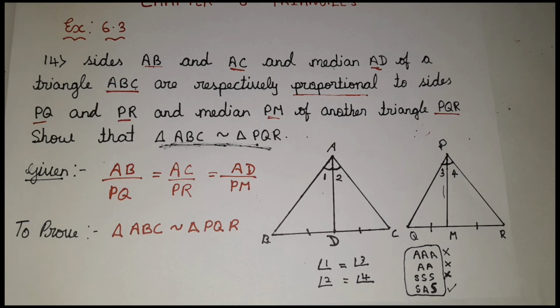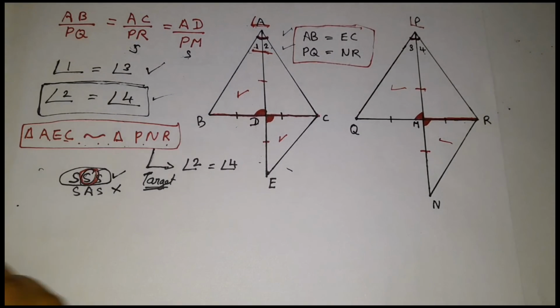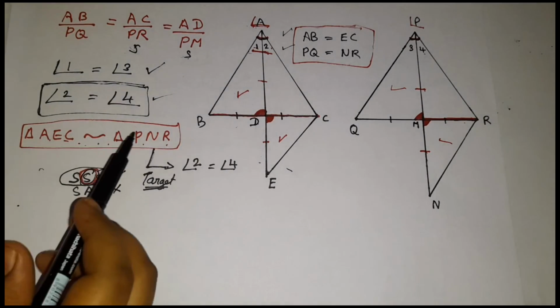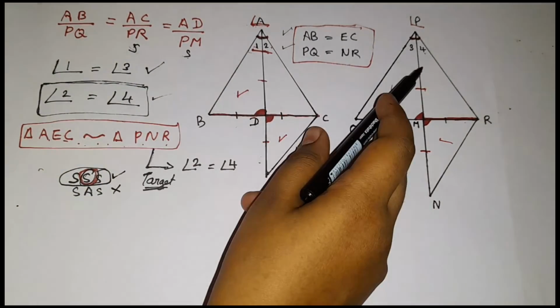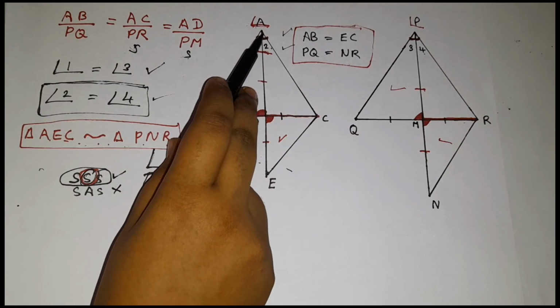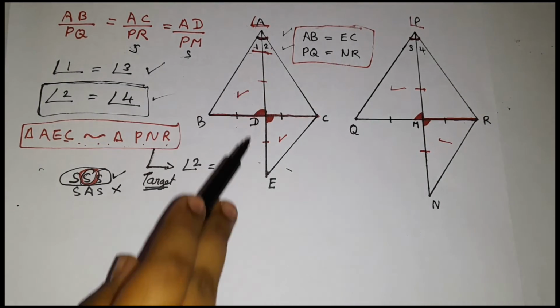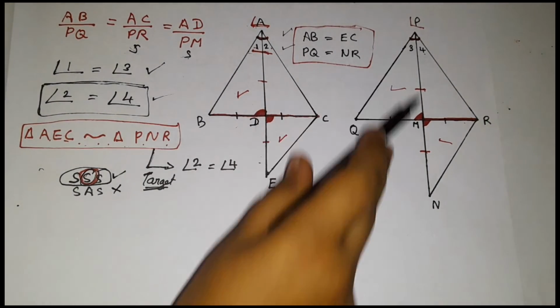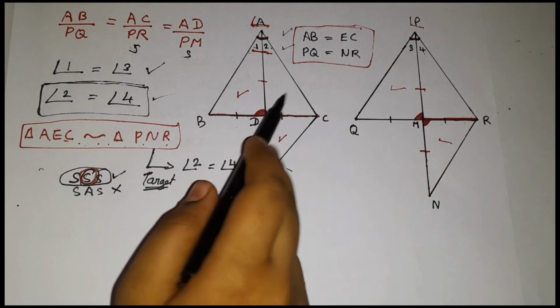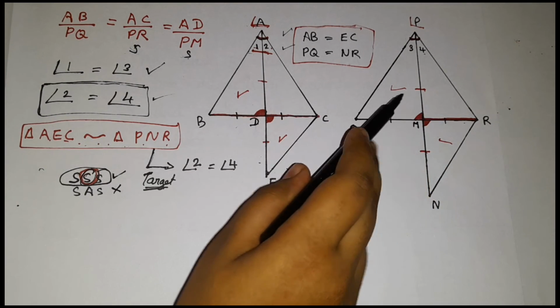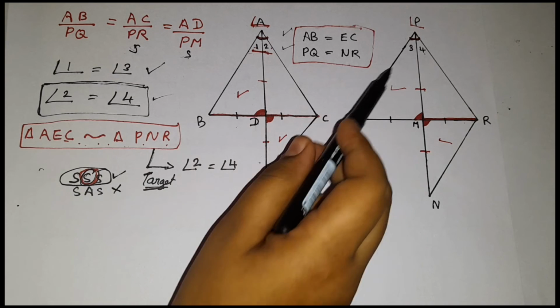Just because of that, for proving angle 2 is equal to angle 4, I told you to prove AEC similar to PNR. If I prove these two triangles are similar, then I can say angle 2 is equal to angle 4.